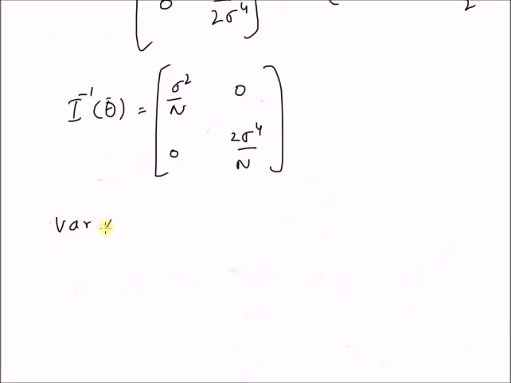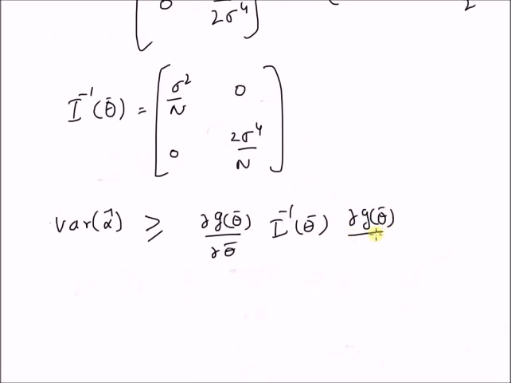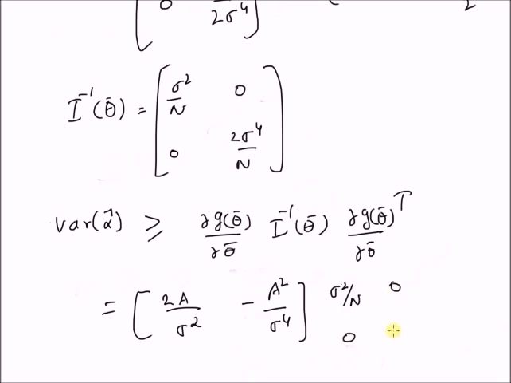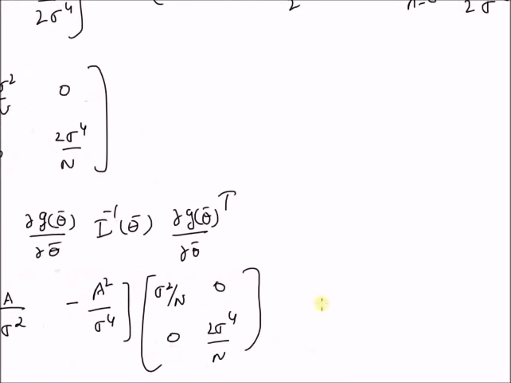So the CRB becomes: variance of alpha hat is bounded by the product of the Jacobian of g of theta bar with respect to theta bar, multiplied by the inverse of the Fisher information matrix, multiplied by the transpose of the Jacobian, which is equal to the product of 2a divided by sigma square, minus a square divided by sigma power 4, that is the Jacobian, and then the inverse Fisher information matrix sigma square by n, 0, 0, 2 sigma power 4 by n, and the transpose of the Jacobian, which is 2a by sigma square, minus a square by sigma power 4.